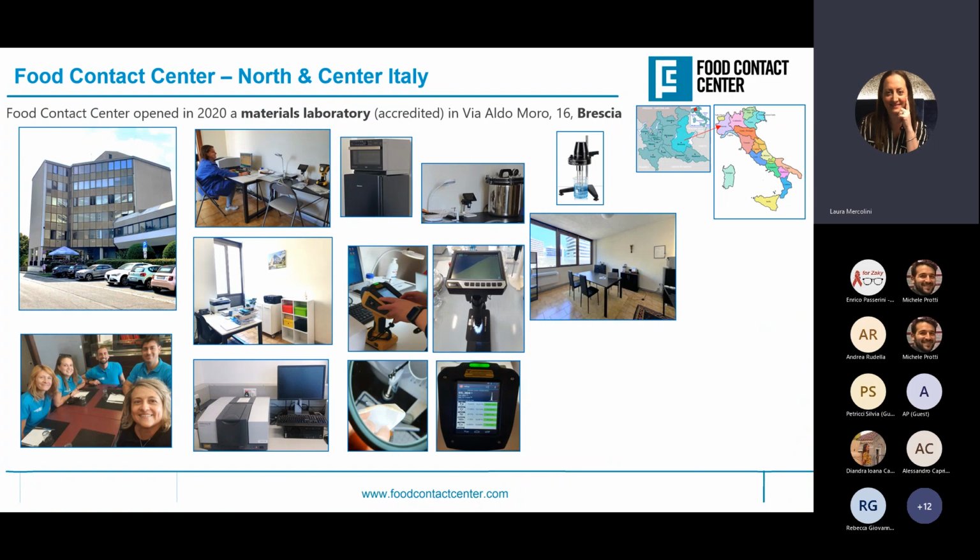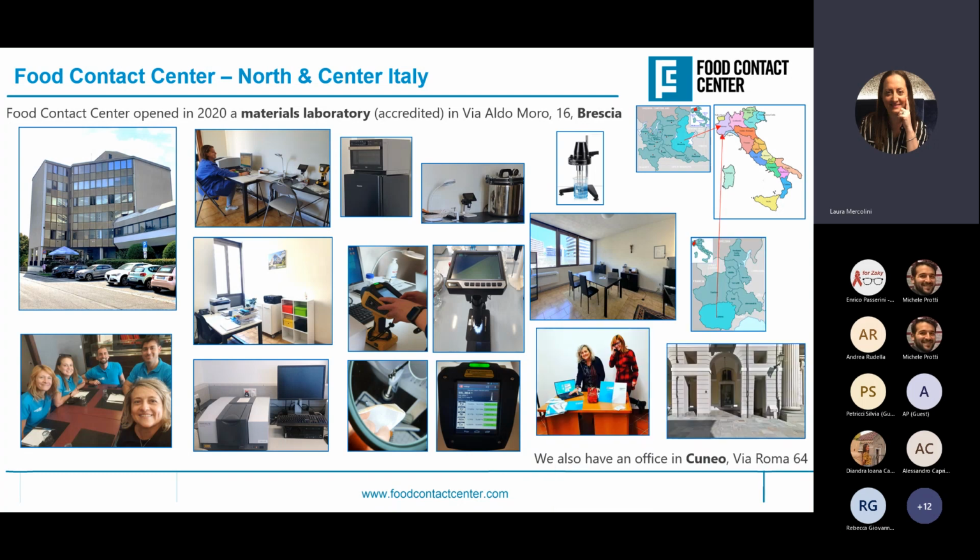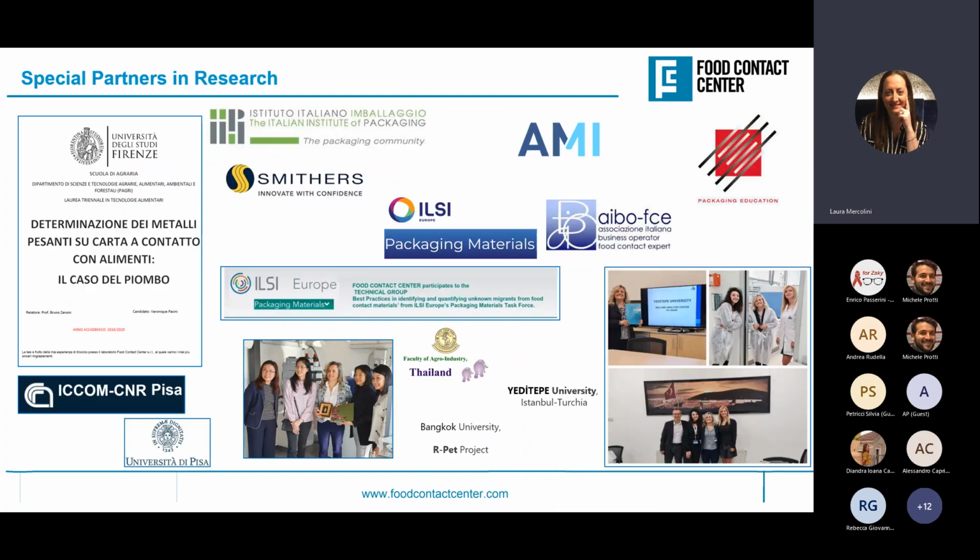Some techniques are located in the new laboratory that we opened 2 years ago, and the lab is now also accredited. It is in Brescia, where we perform the materials characterization, and then we also have an office in Cuneo.